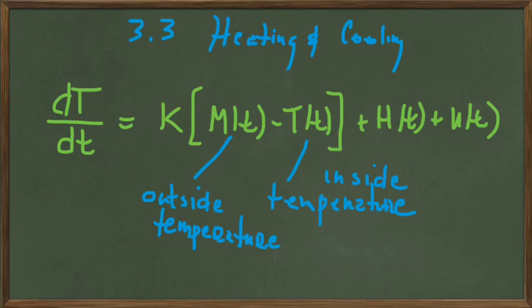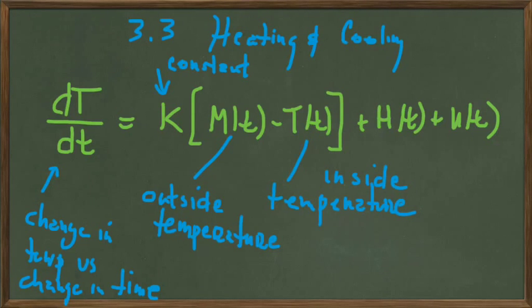This k out front, this constant, will be either something that we will be given, which is constant based on the characteristics of the building, how much insulation it has, or it would be a constant that we would determine if we are, say, bringing a cold liquid into a warm room and we have some data to determine that. dT out front here would be change in temperature with respect to change in time.